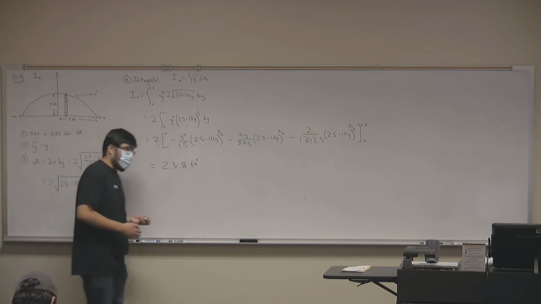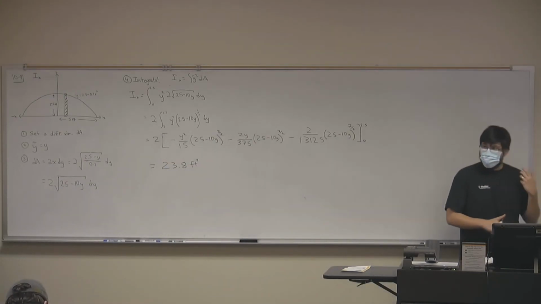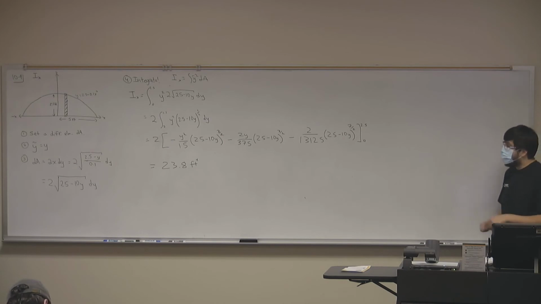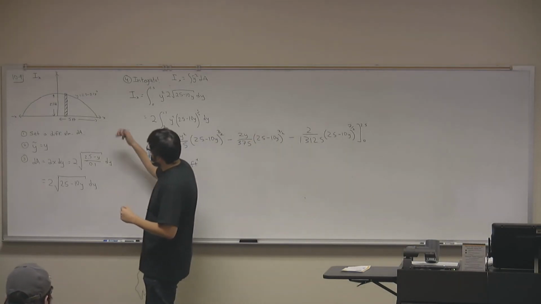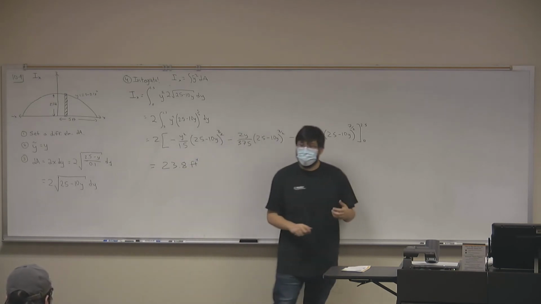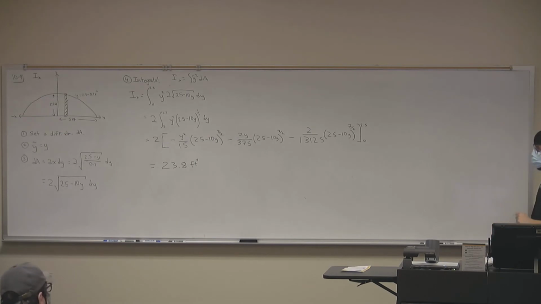And once we draw our element, we need to understand that we're going to have to select our x or y coordinates based on the axis where we are trying to find the moment of inertia for that element. Noah, in the end, we want to find the moment of inertia about which axis? About the x-axis.